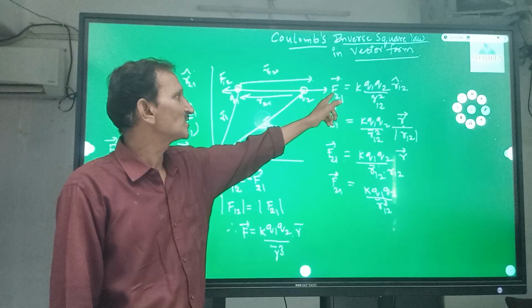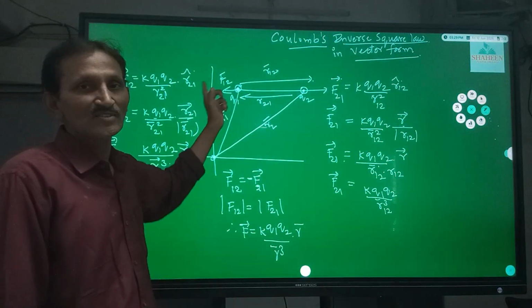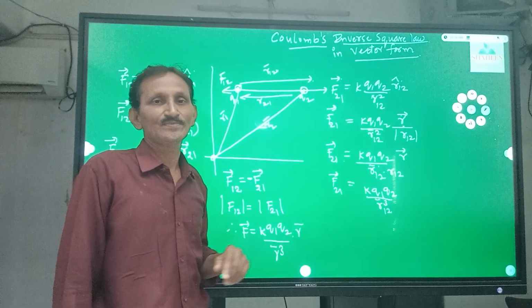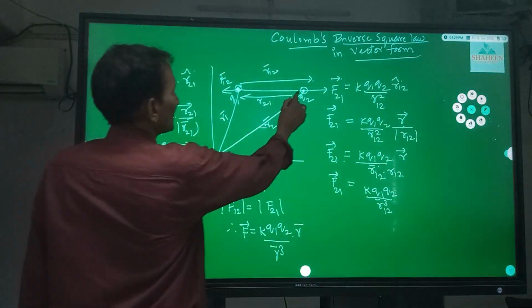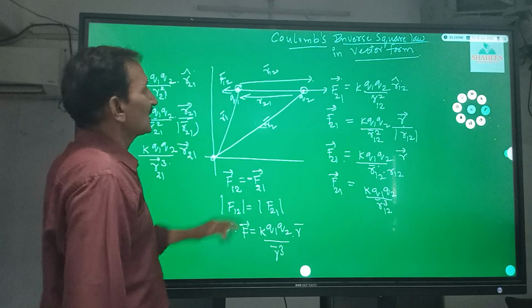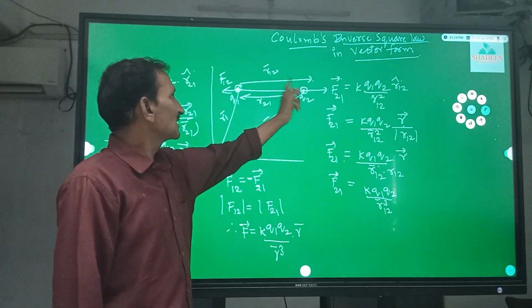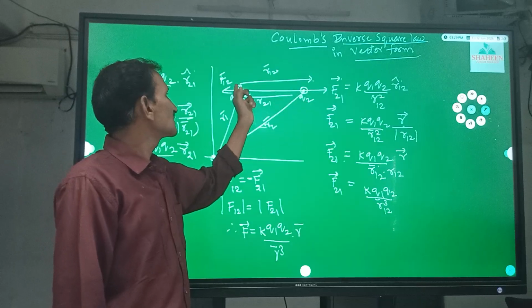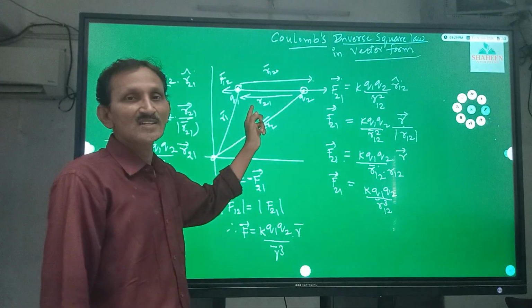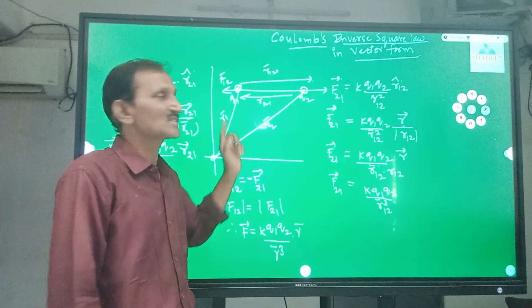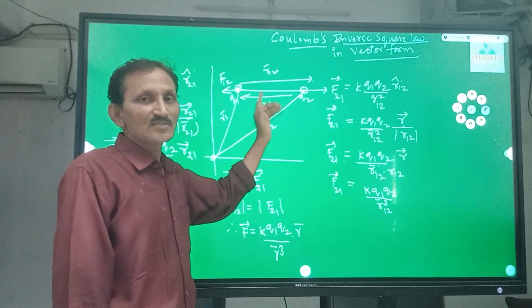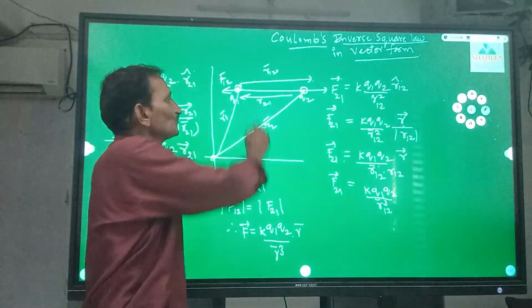The distance from the second charge to the first charge is taken as R12.